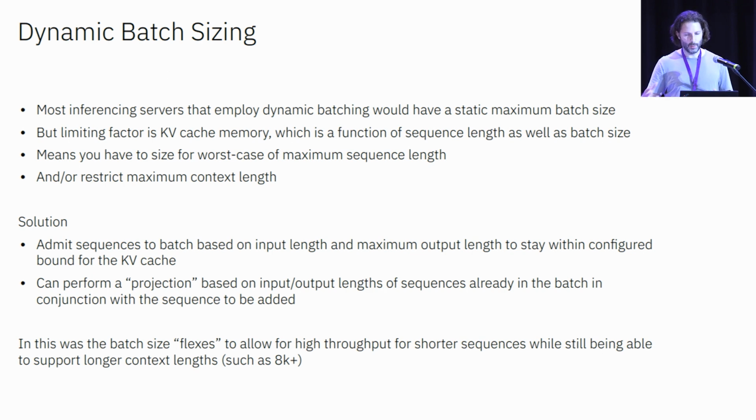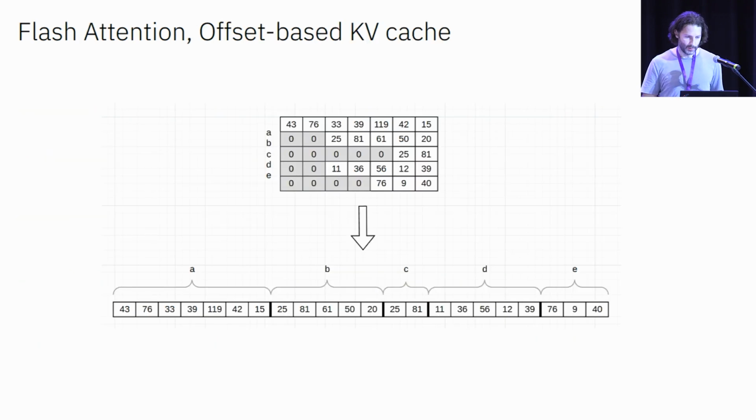So the nice thing about this is we can support much longer sequence lengths, and the batch size will flex to accommodate that. If the sequence lengths are very large, then we'll end up with small batches. But if they're a medium or small size, then the batch will flex up, and we can have much greater throughput with much larger batch sizes, up to say 128 or even 256.